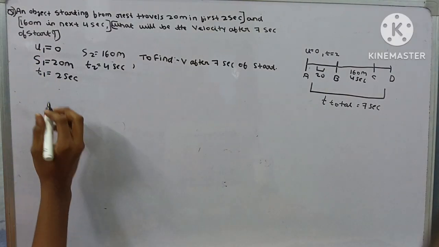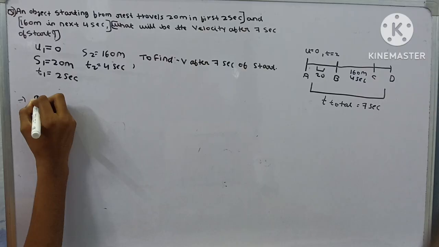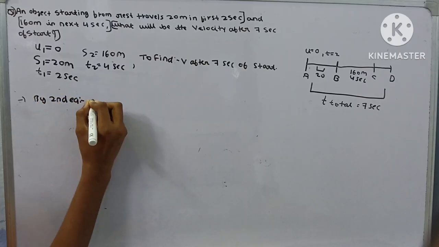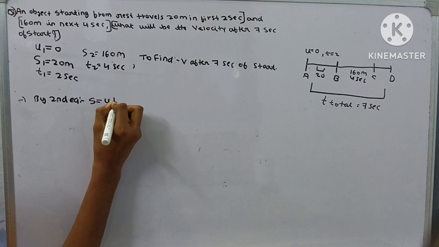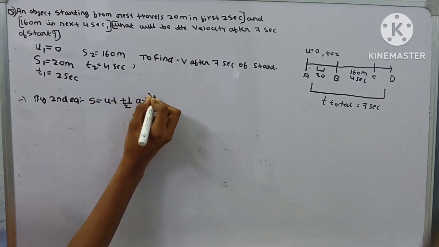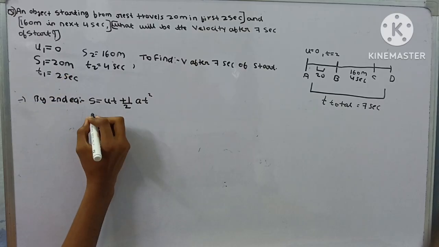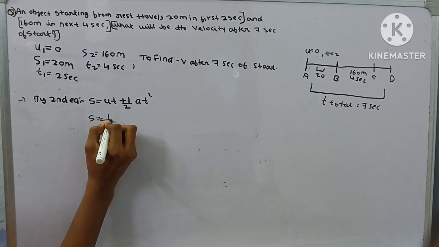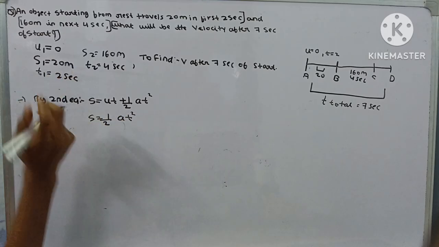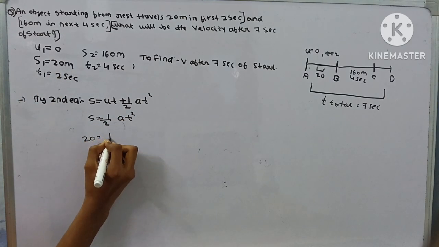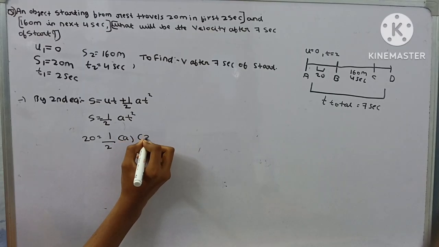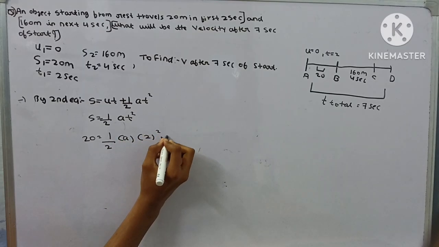For finding the acceleration we will use the second equation, which is s equals ut plus 1 by 2 at square. Since u is 0, s equals 1 by 2 at square. Now the distance is 20 meter, then 1 upon 2, a is to be found, and the time is 2 squared, which is 4.